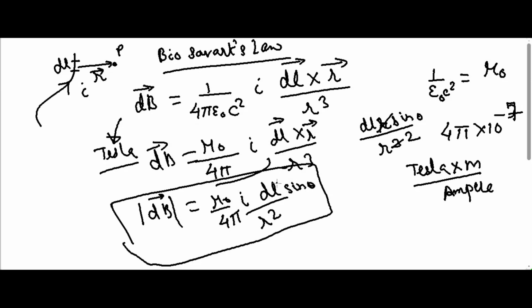So let us now quickly use this Biot-Savart's law to derive some very known cases. One case is, suppose I have a general current carrying wire of some length, and I want to find the magnetic field at a general point which is at some distance d.